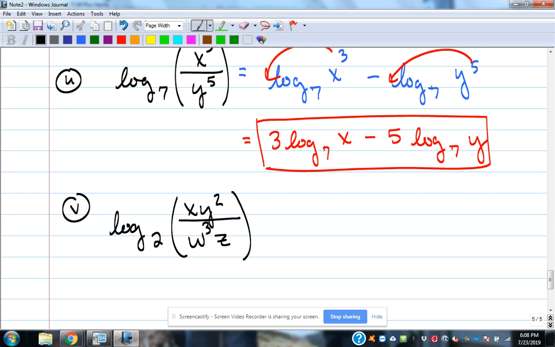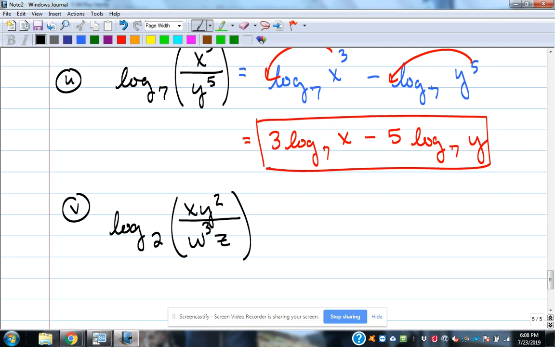All right. So we got a lot going on with this one. It's got a lot of stuff inside of that log. So we want to take that and expand it.